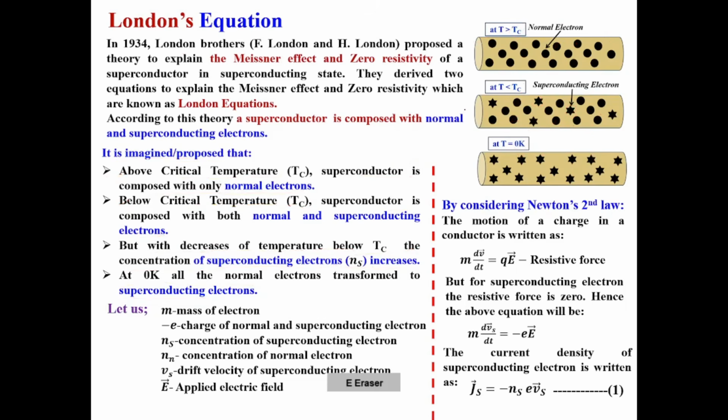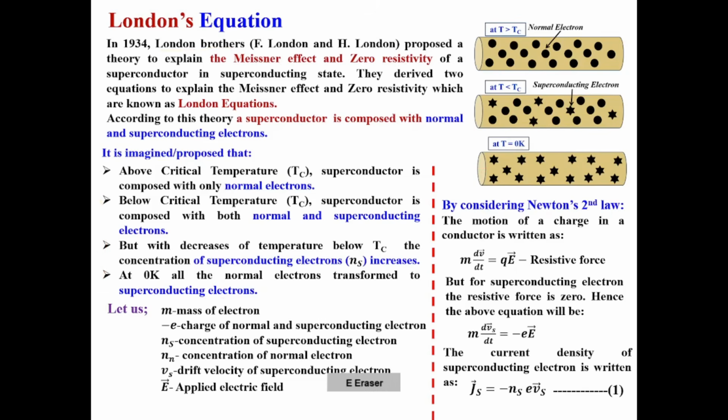That means a superconductor at 0 K is composed of only superconducting electrons. So these are the assumptions by the London brothers. With these assumptions, they gave two equations which explain both the Meissner effect and zero resistivity.